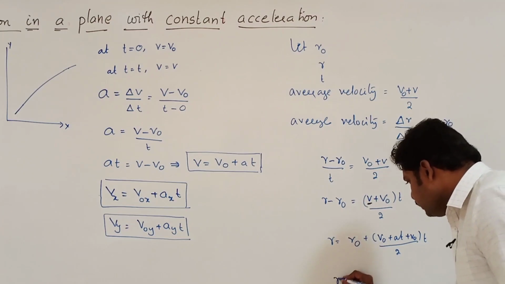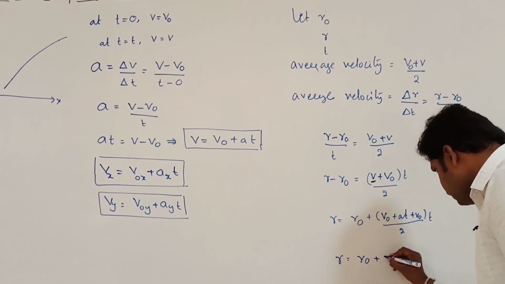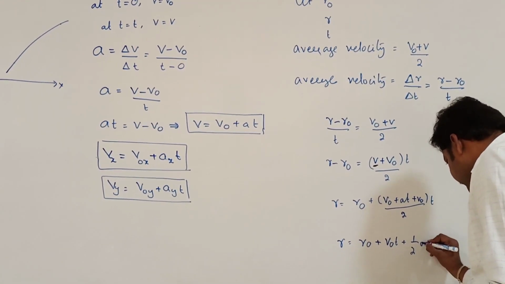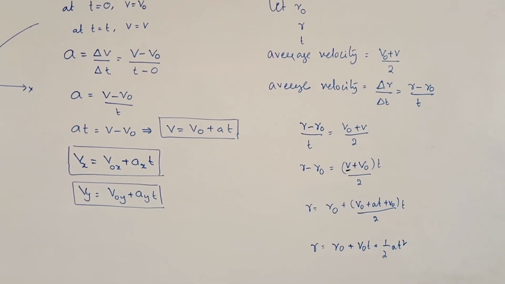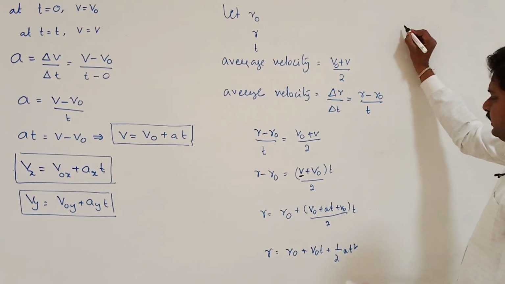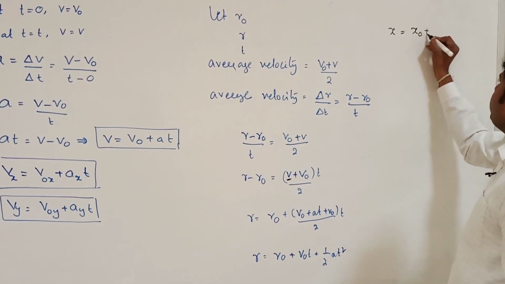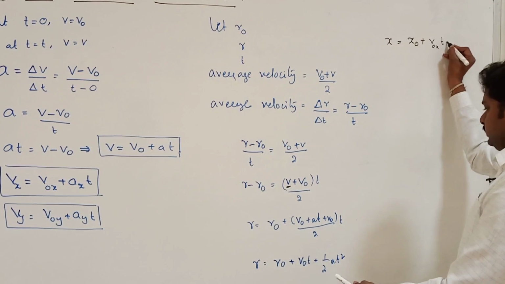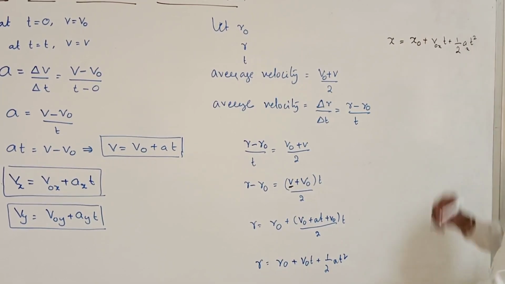So r is equal to r naught plus v naught t plus half at squared. Now along the x direction, how do we write the position? Along the x direction we note it as position x. x is equal to x naught plus v naught x t plus half ax t squared.